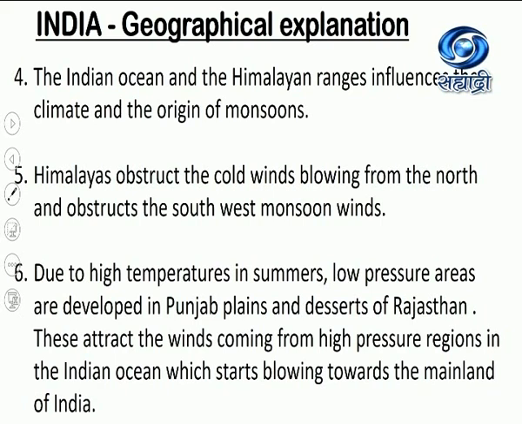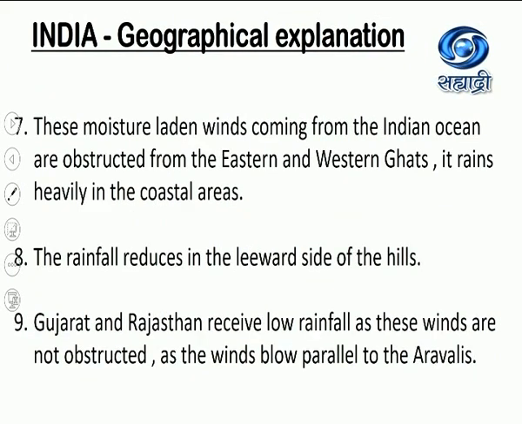These attract the winds coming from high pressure regions in the Indian Ocean, which start blowing towards the mainland of India. The moisture-laden winds coming from the Indian Ocean are obstructed by the Eastern and the Western Ghats. It rains heavily in the coastal areas. Now this rainfall reduces on the leeward side of these Ghats.